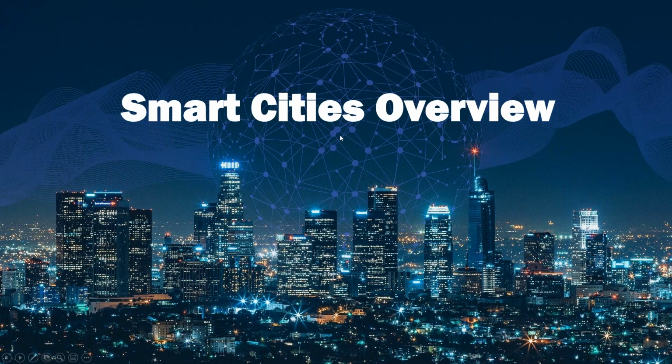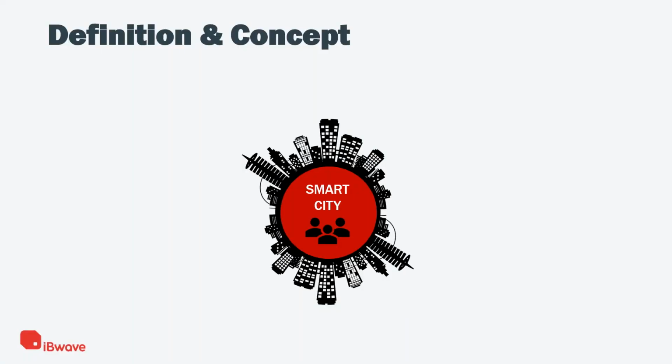Let's start with some smart cities overview. When we talk about smart cities, it is a concept that started in 1950 or 60, and of course the concept of the smart city has changed during these years.